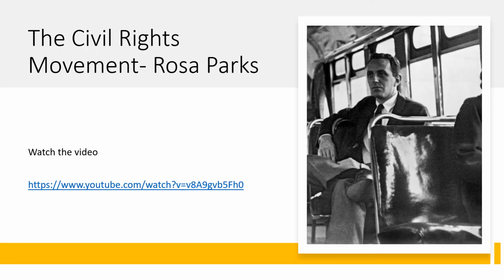So this video gives you a bit of background about what happened with Rosa Parks. Basically, she was an African-American seamstress, a woman living in Alabama. And in Alabama in 1955, there was segregation on the buses. The African-American people had to sit at the back. The white people sat at the front.